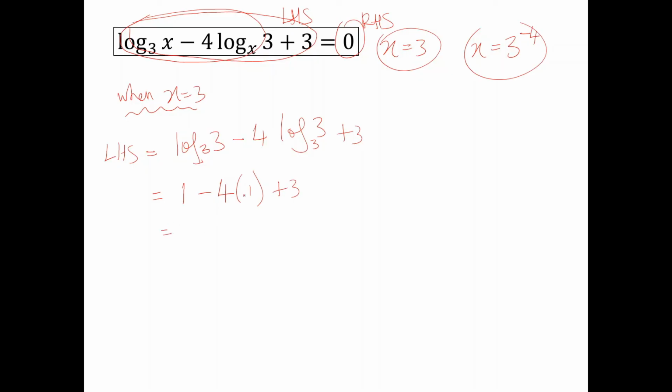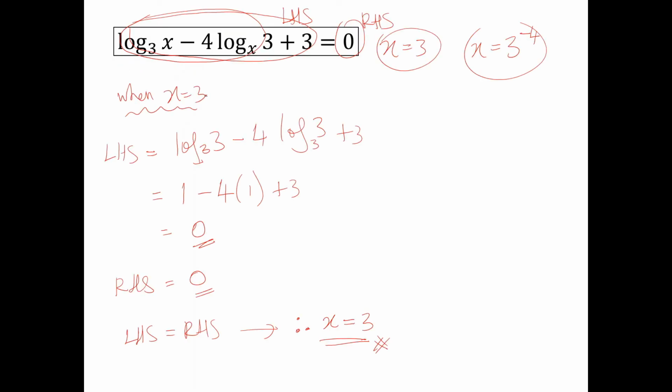So 1 minus 4 plus 3 equal to 0. So left hand side equal to 0, right hand side equal to 0. So we can conclude that left hand side equal to right hand side. Therefore, x equal to 3 is acceptable as the solution for the question.